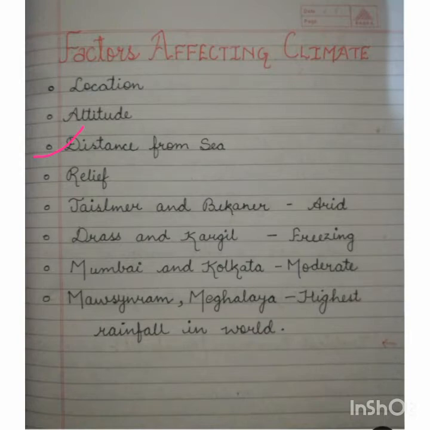In these areas, the climate remains almost the same throughout the year because of the cold winds blowing from the sea. Therefore, the climate of this area is also known as equable climate. Places which are far away from the sea experience extreme climate, means very hot summer and very cold winter.